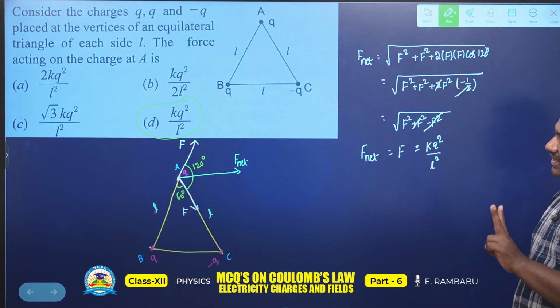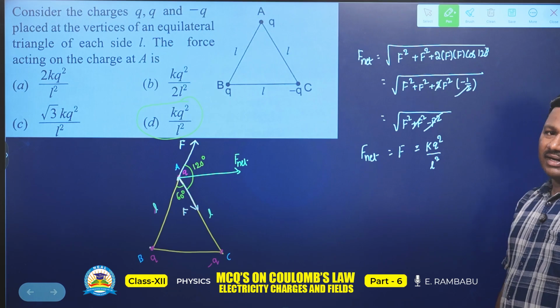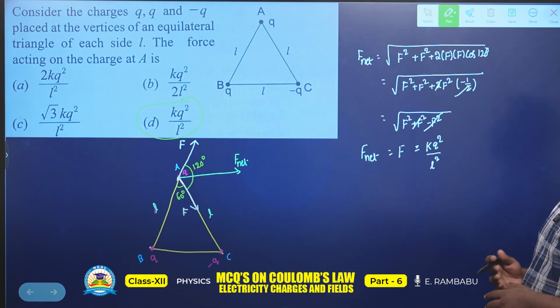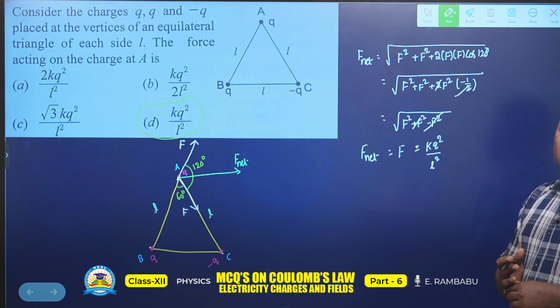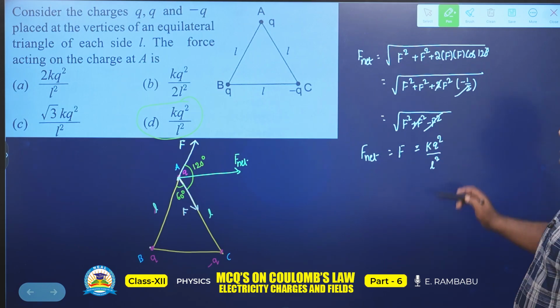Correct? Whenever the angle is 60 degrees, it is root 3 times F. Those simple concepts we also learn in electric fields. Correct? So this is the procedure to calculate the force on any corner of the given charges placed at the vertices of the given equilateral triangle. Correct? And next.